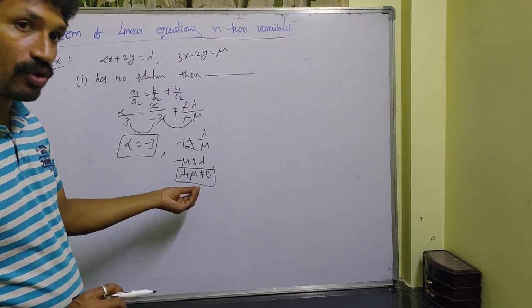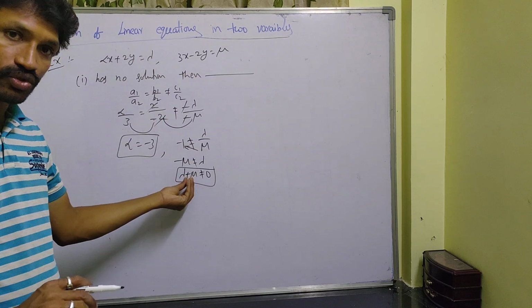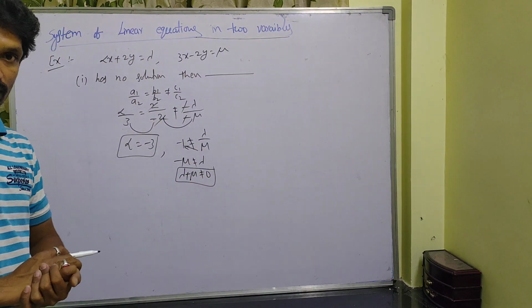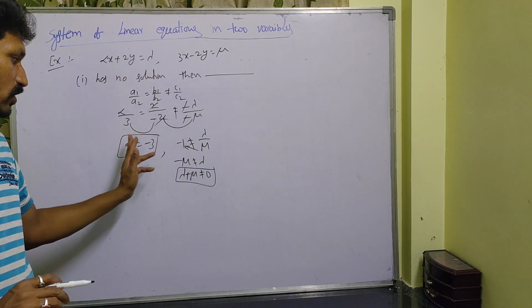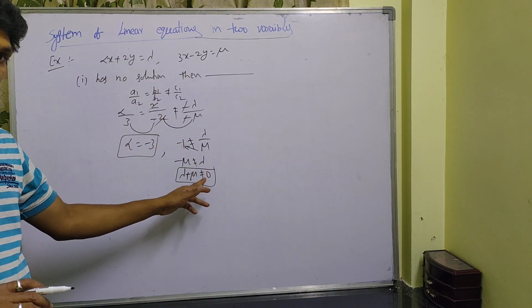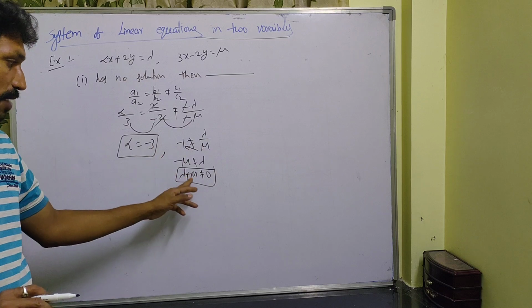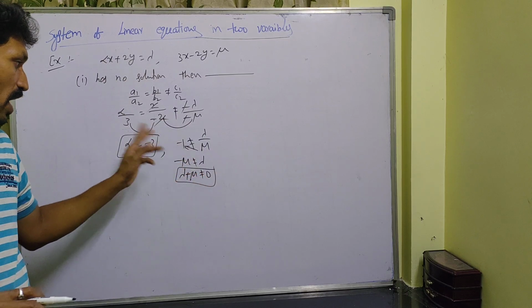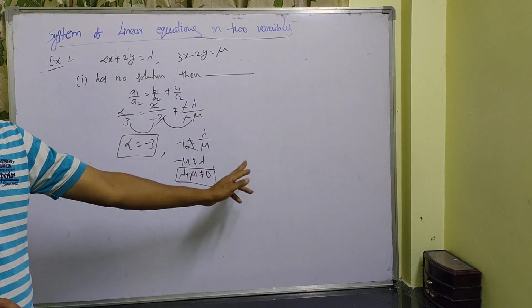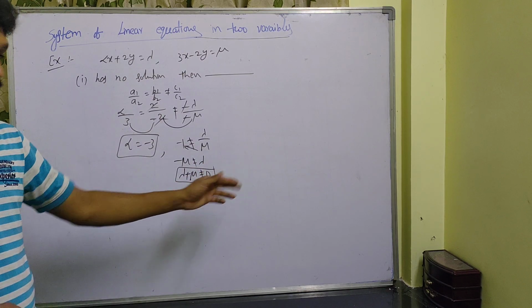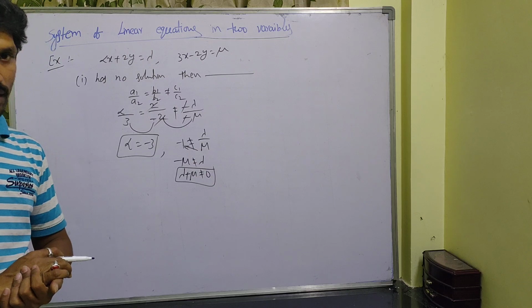So lambda plus mu, if you add these two, never can be 0. Okay, so in the options they may give like this: alpha is equal to 3, lambda plus mu is not equal to 0. Alpha is equal to minus 3, lambda plus mu is equal to 0. Alpha is equal to minus 3, lambda plus mu is not equal to 0. And fourth option they may give none of these. So then you go for the third option.